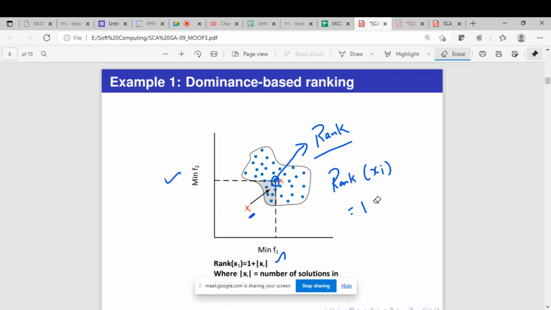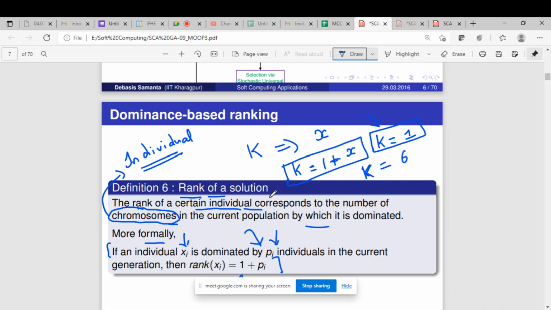The rank of a certain individual corresponds to the number of individuals in the current population by which it is dominated.